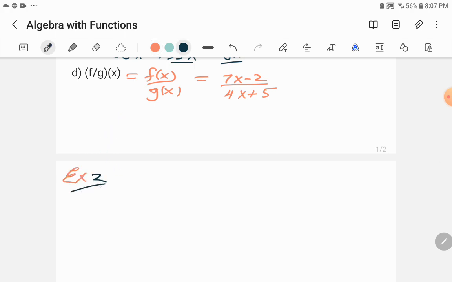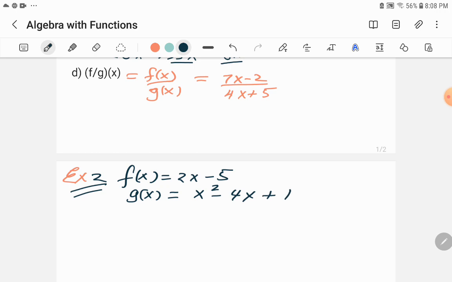Example 2. Let f of x equal, let's say, 2x minus 5. Let g of x equal x squared minus 4x plus 1. So for part a, let's do the same operations. We could just say f plus g. Well, that's the same thing as the f function plus the g function.